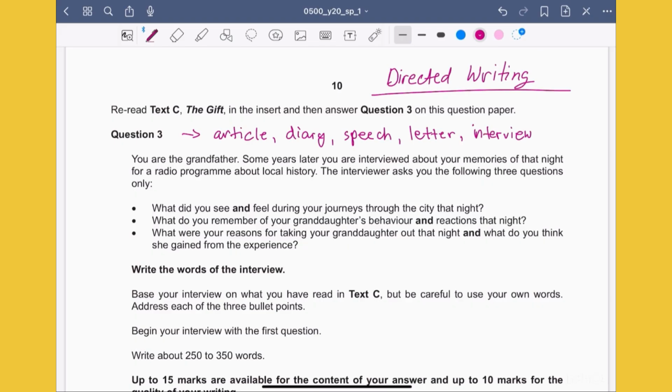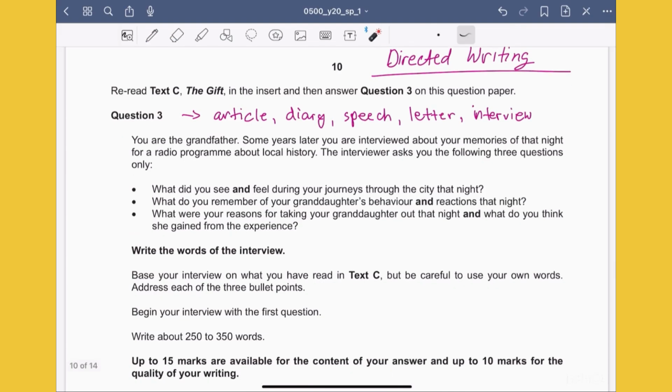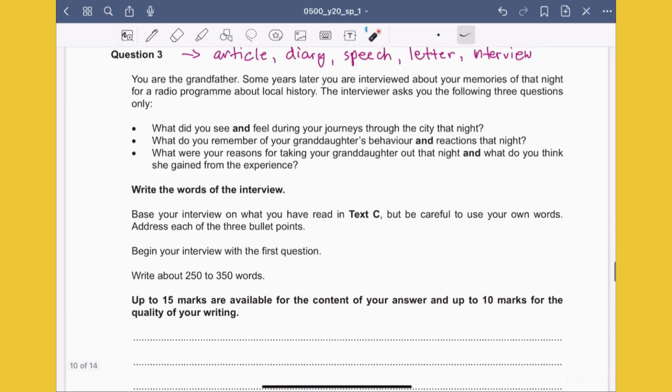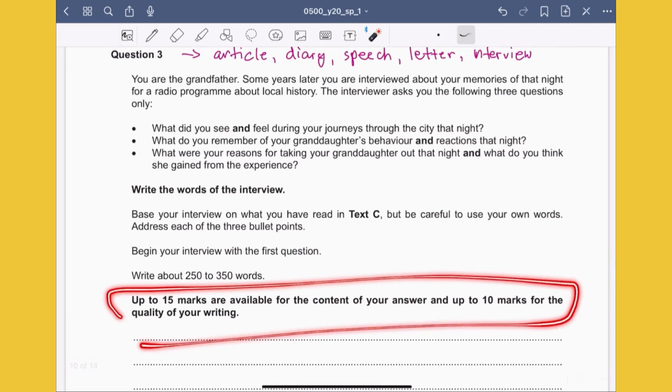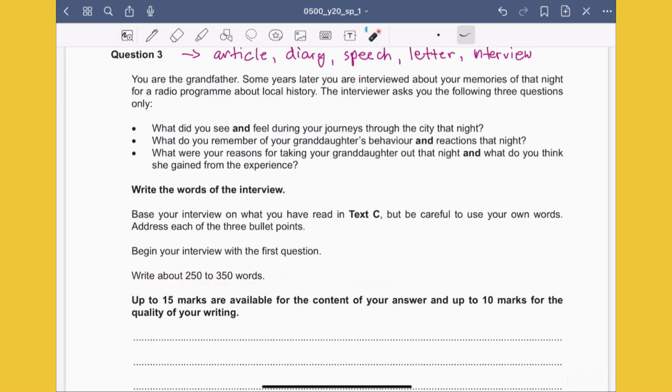Now, looking into the technicality of this question, you always should use the marking, how they give you the marks, to look into how to approach the question. So as you can see, they're giving you 15 marks for the content. What does that mean?